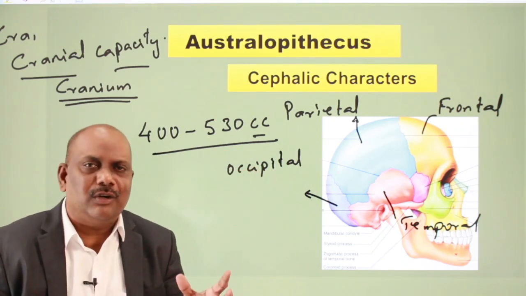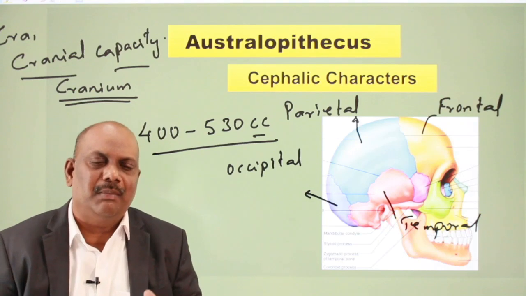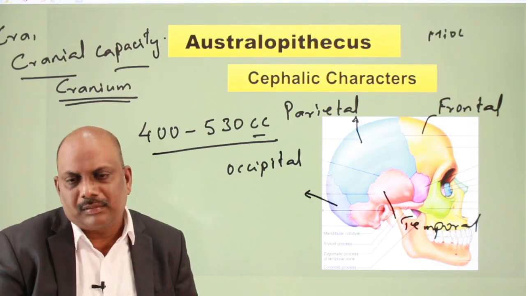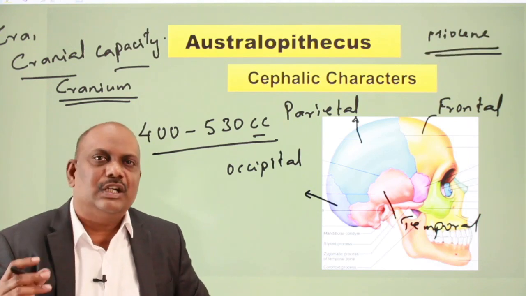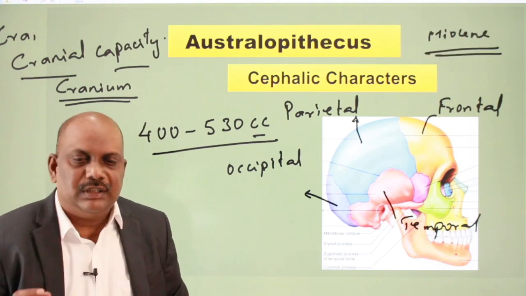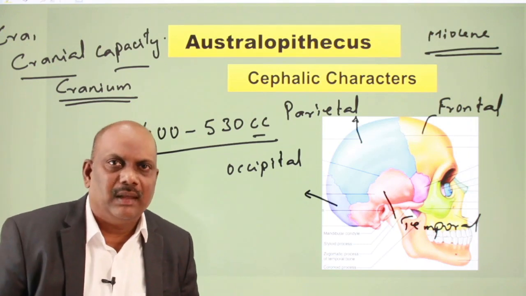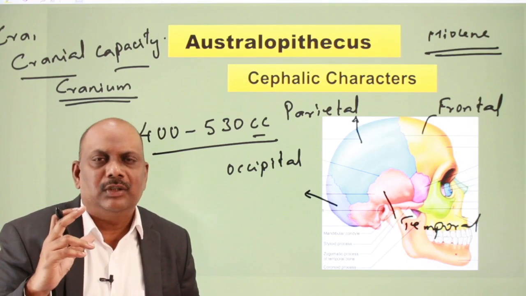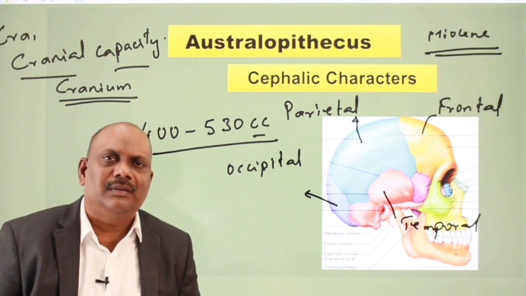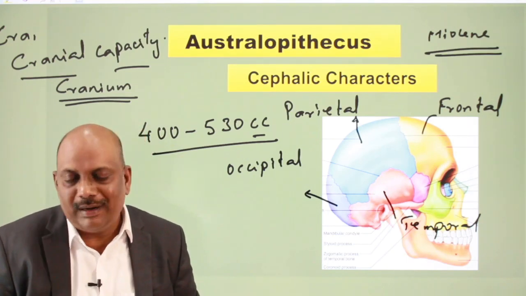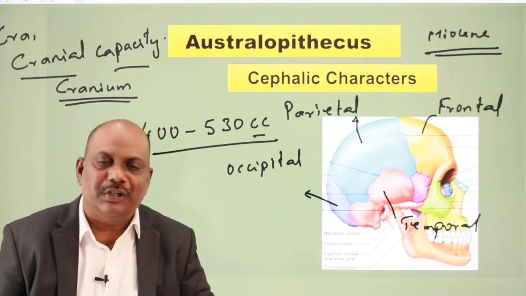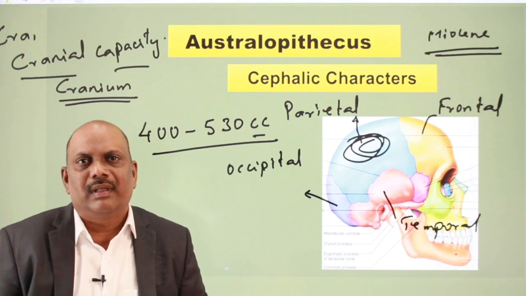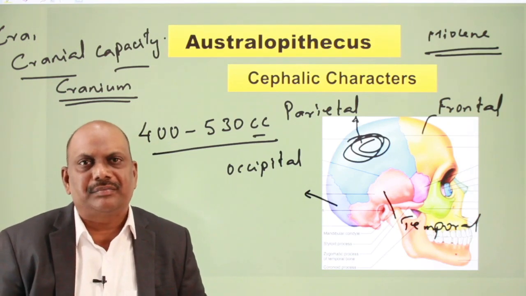But when compared to the other Miocene apes, Miocene being the geological period in which the Australopithecus lived, or when compared to contemporary apes, this brain size shows a greater development. The development is largely in the parietal region, where we have the cerebrum.